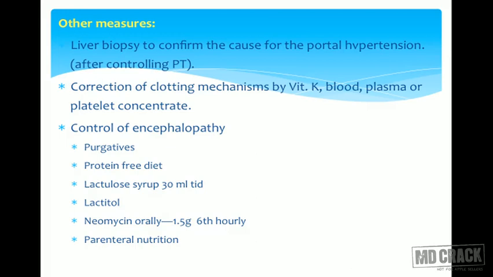You should also be controlling the encephalopathy by giving purgatives, that is lactitol or lactulose syrup. The patient should be put on a protein-free diet, or neomycin, which is not absorbed through the GIT, can be given 6 hourly. The patient should also be put on parenteral nutrition to give adequate caloric intake.